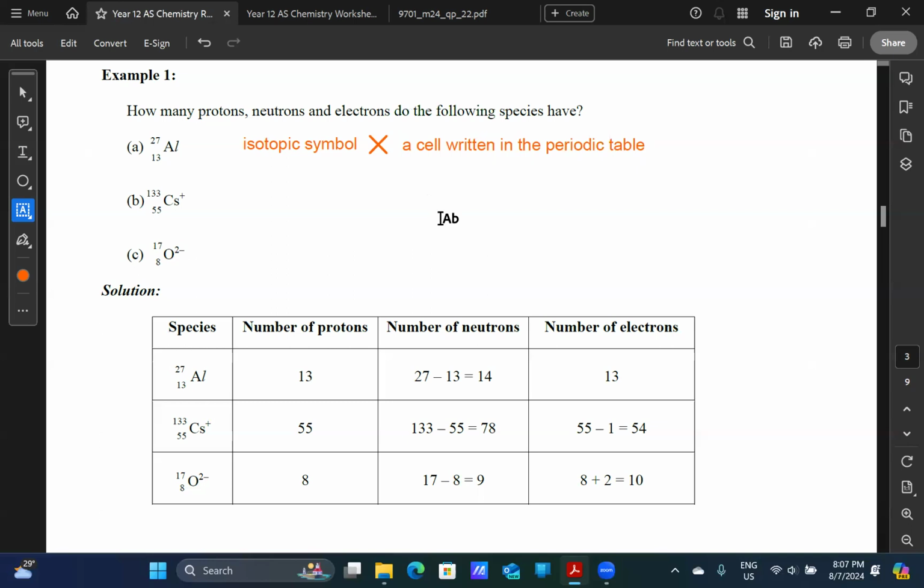Okay, different things are. Now you are given the isotopic symbol. The number above the chemical symbol is called nucleon number. Nucleon number is also called what? Mass number.